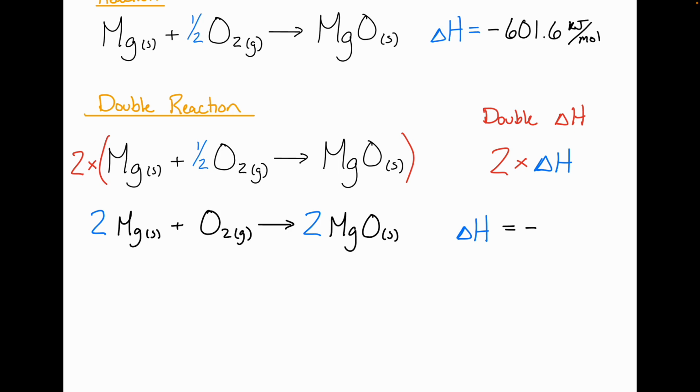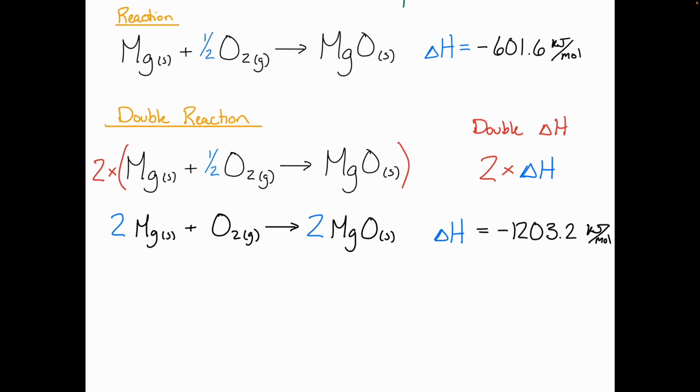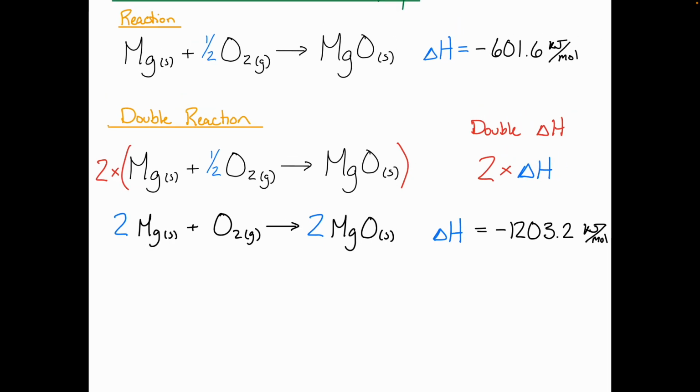Should probably use a calculator. Cool. Okay, so if we were to take a chemical equation and double it, all we're going to do then for our enthalpy value is double that as well.